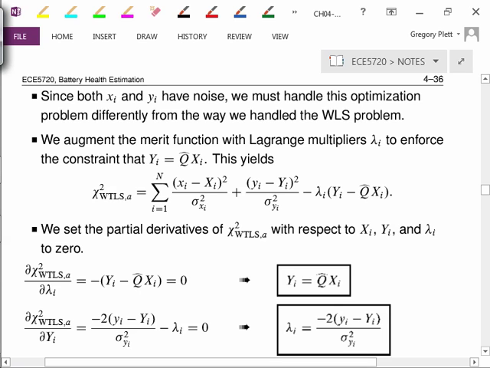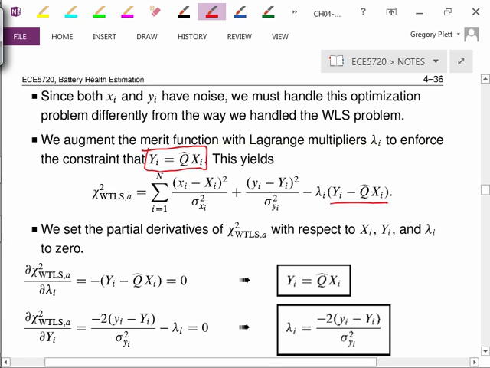In order to enforce the linear form of answer, this form right here, we employ Lagrange multipliers in our cost function. As you've probably seen these in other courses, especially a math course, I won't belabor the point too much, but the idea generally is that this is zero.